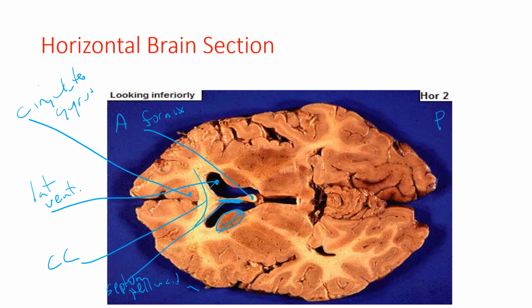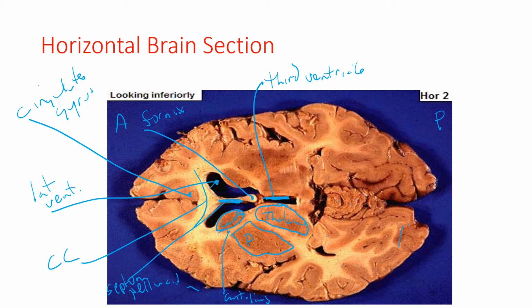As we look at this, we can see the putamen. Put a P on that. And in between those two, we see this white matter, which is going to be the anterior limb of the internal capsule. We can see our third ventricle. And since we can see the third ventricle, we are going to be looking for a thalamus.